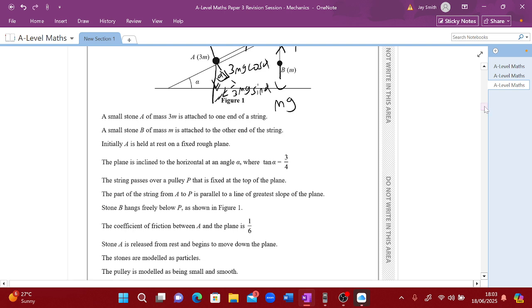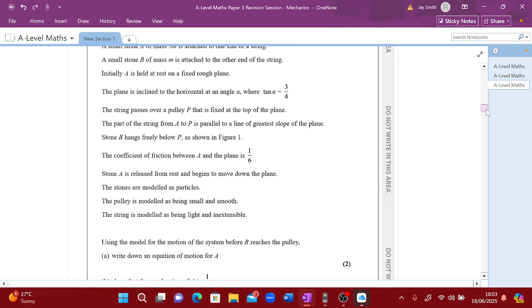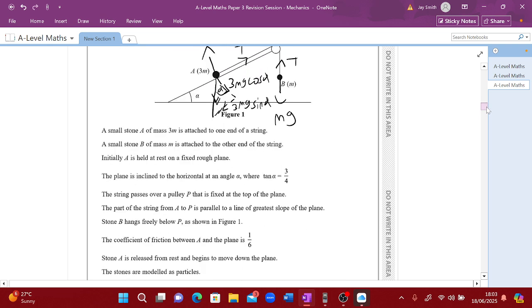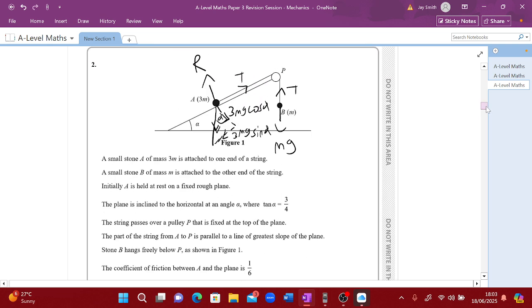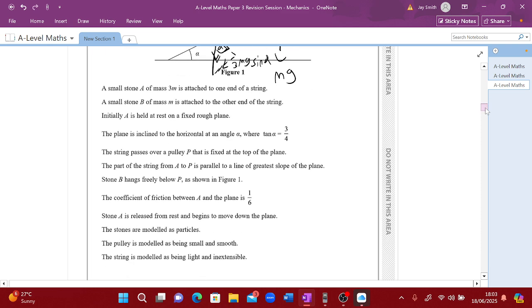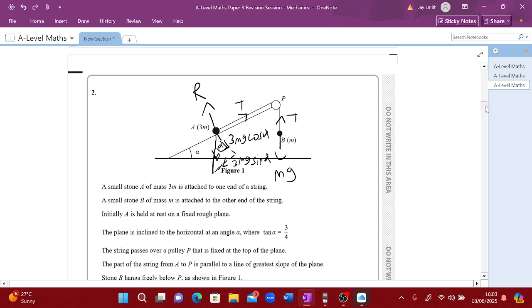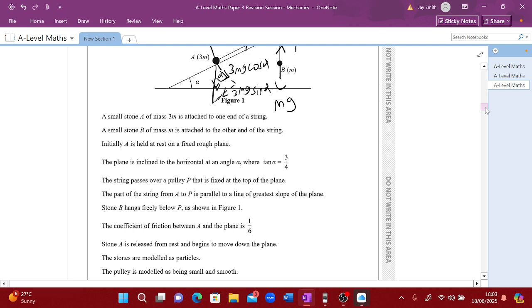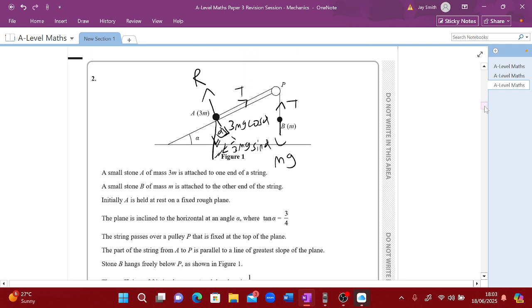It doesn't say anything about the string here, but usually the tensions will be equal because they're in a connected system. So that's the assumption. Again, with connected particle situations like this with a pulley, you just need to recognise that. And they're also going to be acting towards the pulley as well.